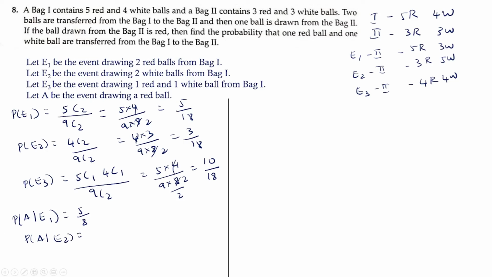It is drawing a red ball given E2 has occurred. So it is drawing a red ball from 3 red and 5 white balls. So it is 3 by 8. Then probability of A given E3. It is drawing a red ball given E3 has occurred. So it is 4 by 8.